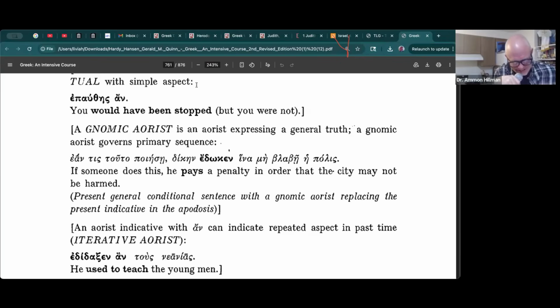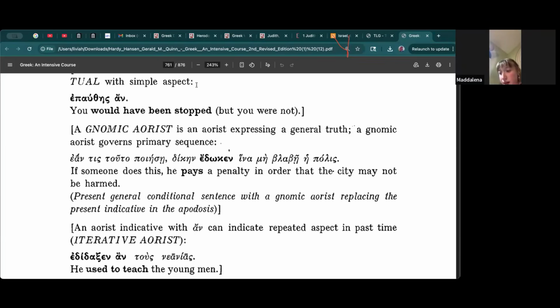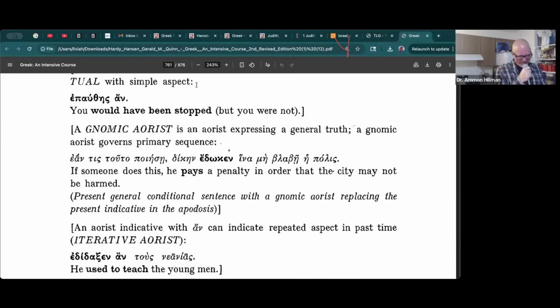I like how they say pay the penalty. Diken edoken. Right? Penalty. They're giving justice, right? If someone does this thing, what happens? Edoken, diken.